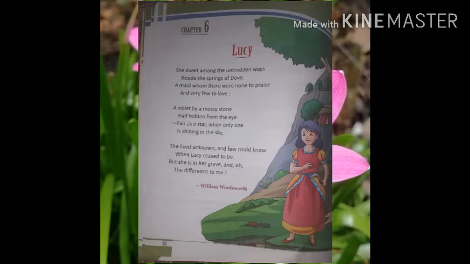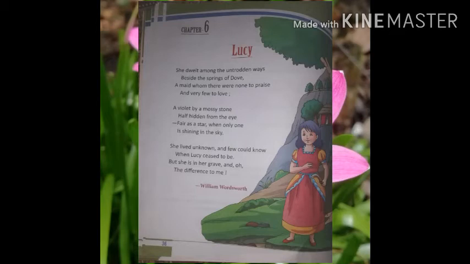Lucy is a girl whom nobody praises, nobody tells her that you are very good, nobody is there to appreciate her, and very few to love. You can say almost very few people loved Lucy. So she was a very lonely girl. Did you understand this?